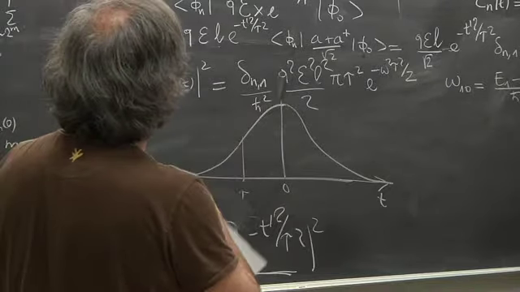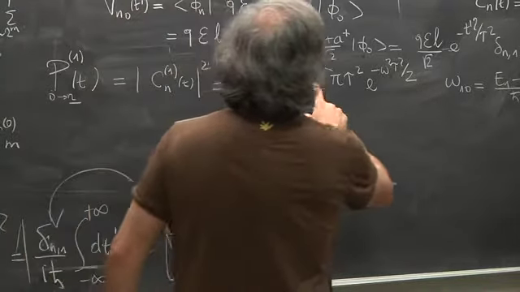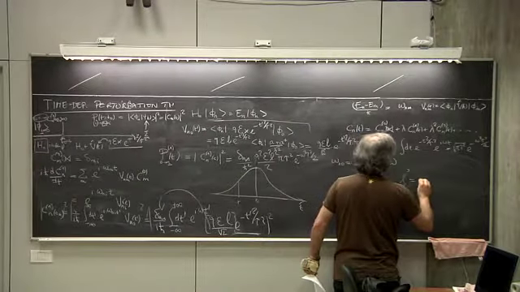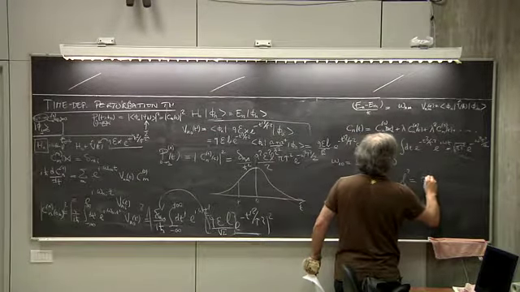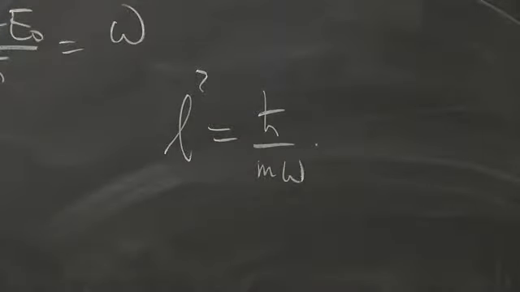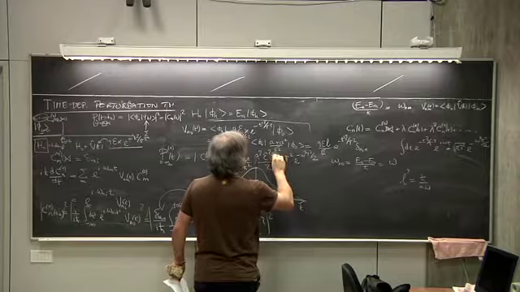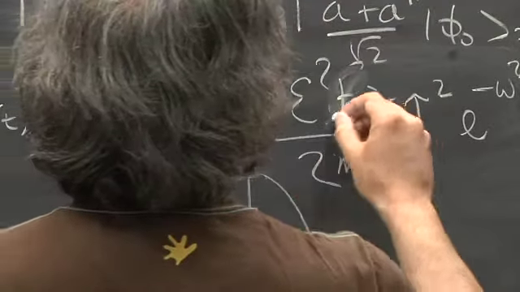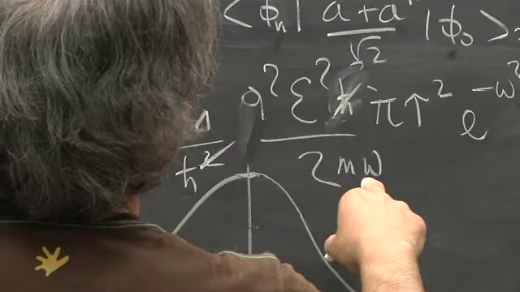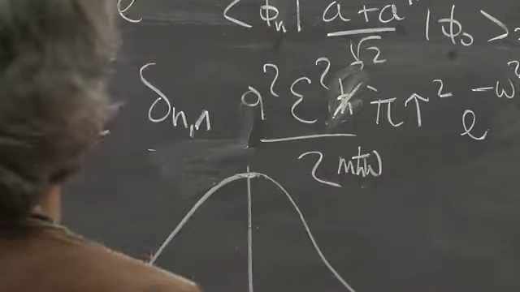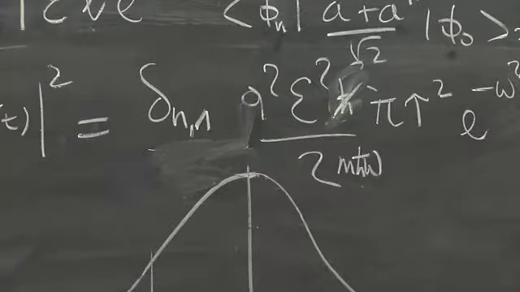Oh no. Okay, L square has an omega in it. Remind me, L square is equal to h bar over m omega, right? So once I divide by it, one of the h bar goes, and the other gives me h bar omega. Okay? So this is the result.